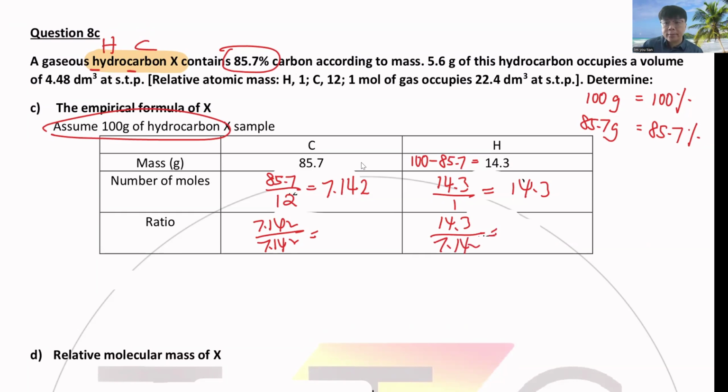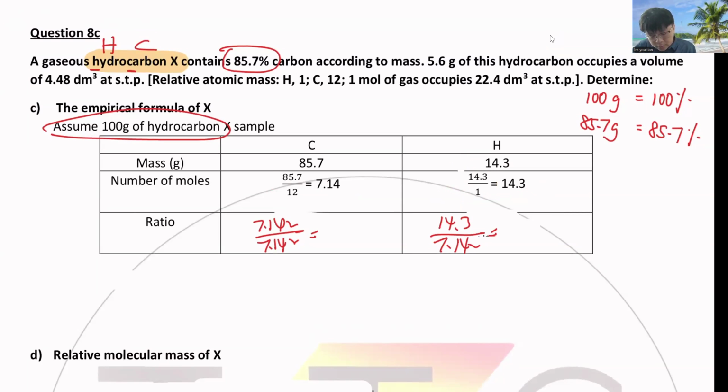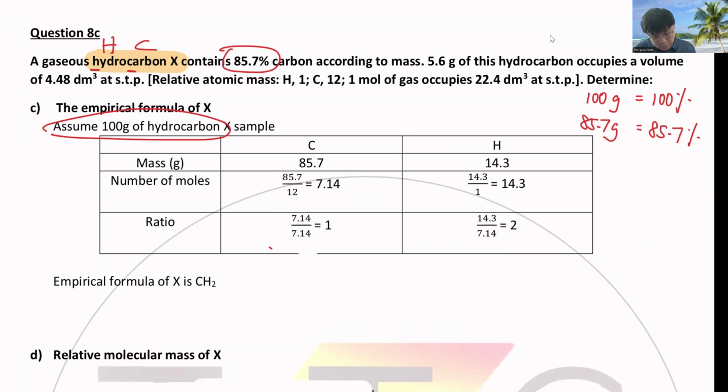This is the more complicated version, and you get the ratio is 1 to 2. Because sometimes the question every year comes out the same, they need to upgrade the question to be slightly tougher. So you get CH2.